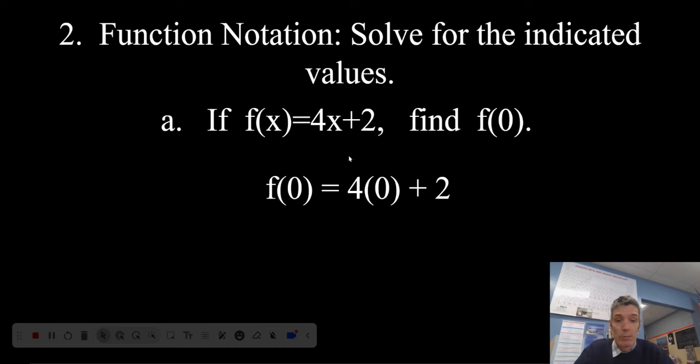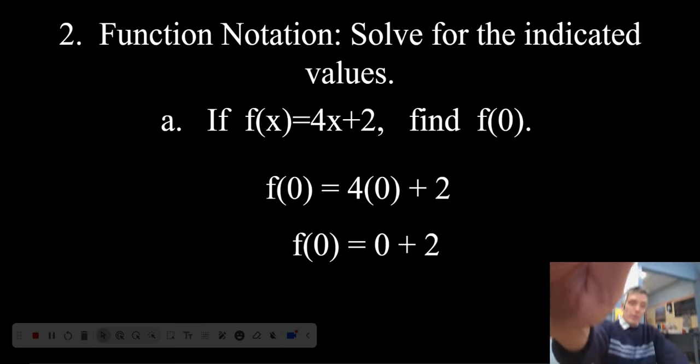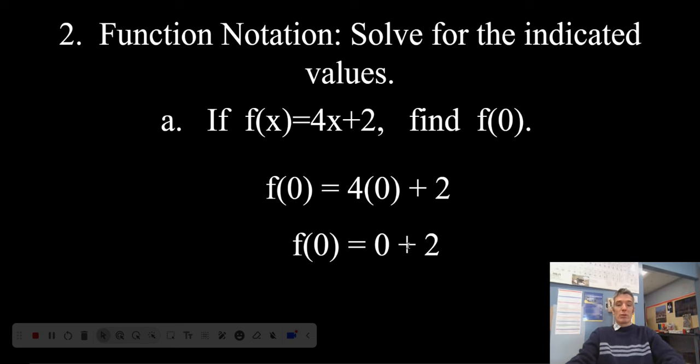Then I simplify. 4 times 0 is 0, not 4. And 0 plus 2 is 2. So f of 0 is 2.